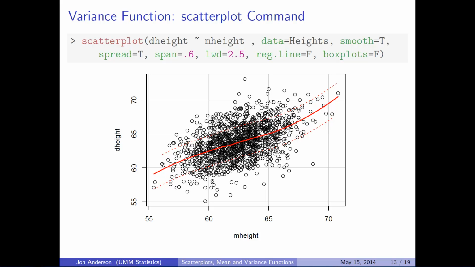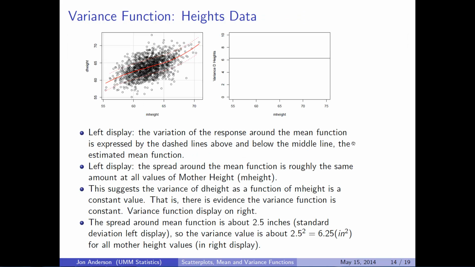And so I would say that the typical variation in daughters' heights is about the same throughout, no matter what the mother's height was. And this would be an expression of a constant variance function. We can see the points are pretty evenly spread no matter what the mother's height would be.